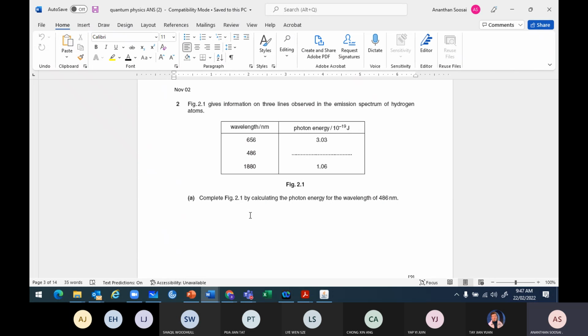What formula do you use? hc over lambda, photon energy. Planck constant times speed of light divided by the wavelength gives the energy of a photon. Change the wavelength to meters: 486 nanometres to metres, and you get the energy.